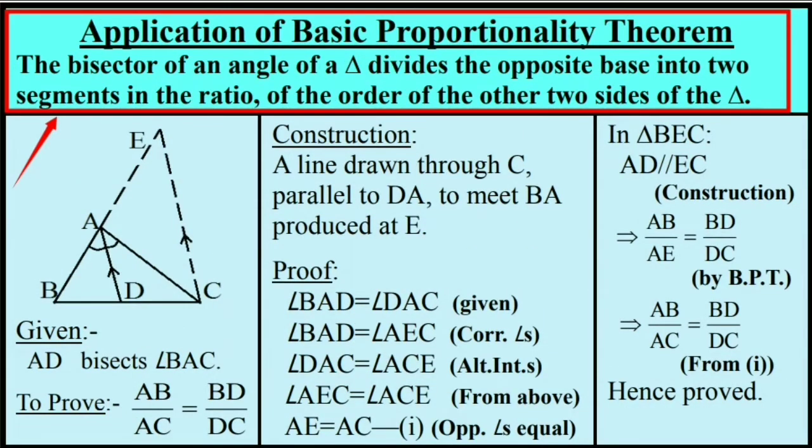Next one here is the application of the basic proportionality theorem. The statement says the bisector of an angle of a triangle divides the opposite base into two segments in the ratio of the other two sides of the triangle.